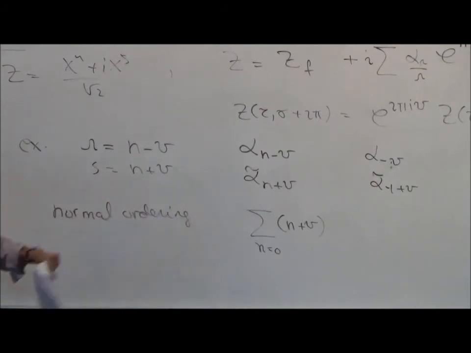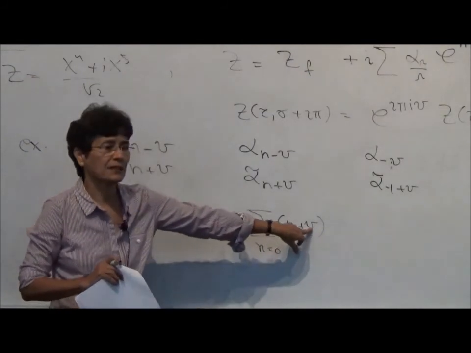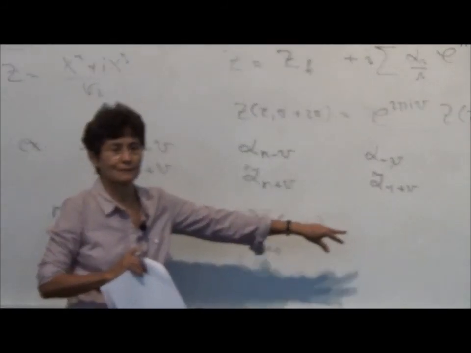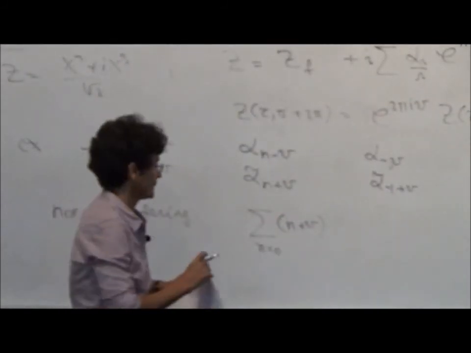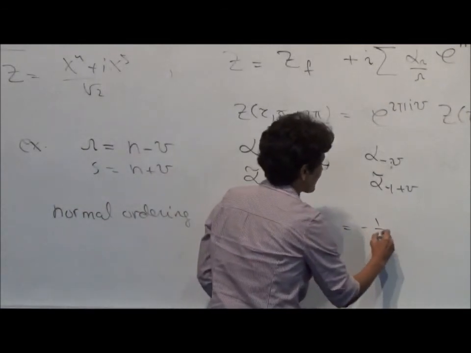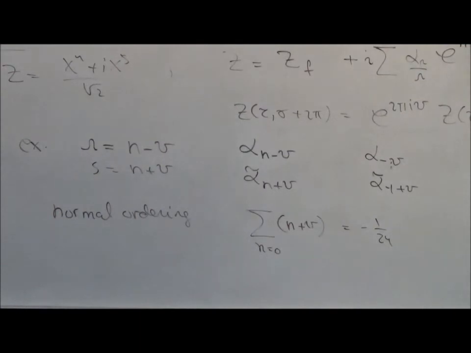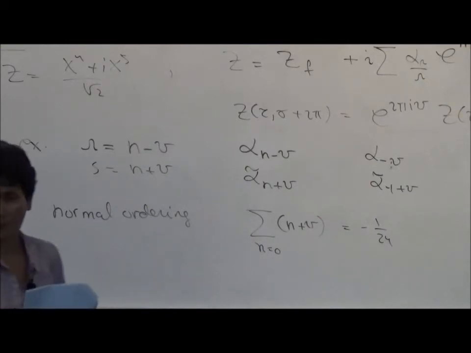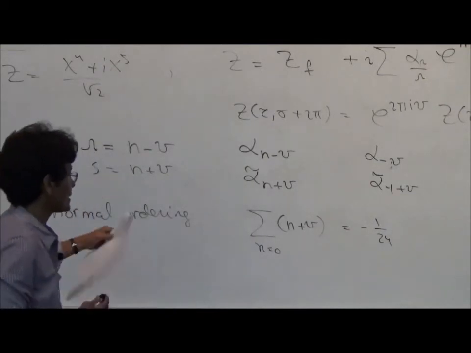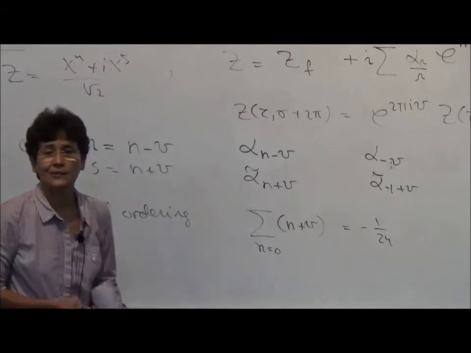Yes. In this case, P0, this is what? It is -1/24, using this theta function regularization, or doing some cutoff and so on. Okay? So it's doing theta function regularization.